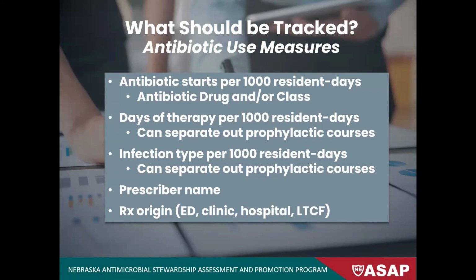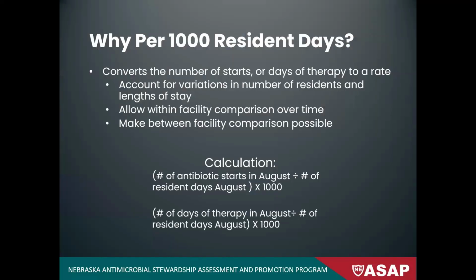If you're in a facility that has outside prescribers, which most of you probably are, that can be helpful to track. And then where was that prescription written? I think that can be very eye-opening to how antibiotics are being used in your facility. So all of those things have to do with the antibiotic prescriptions themselves.